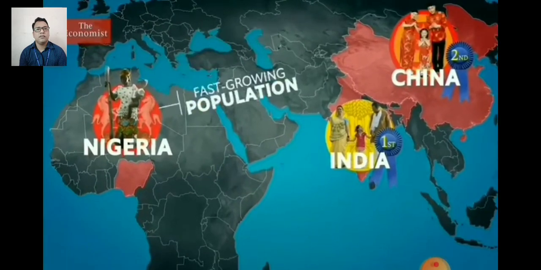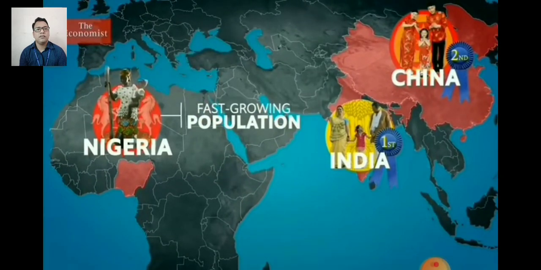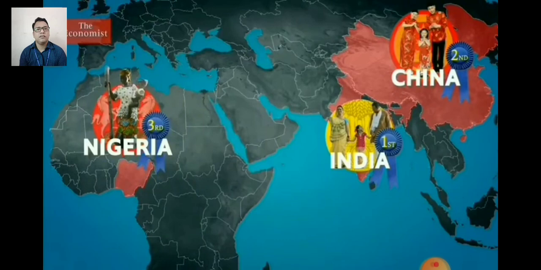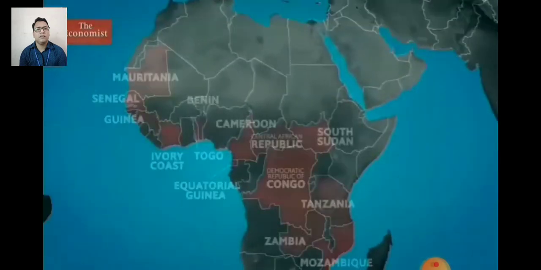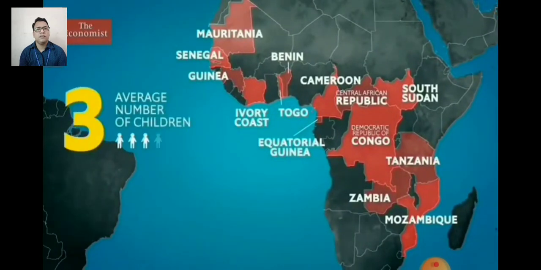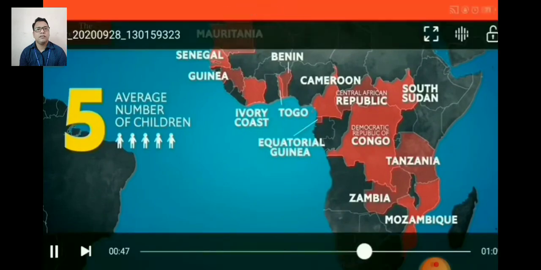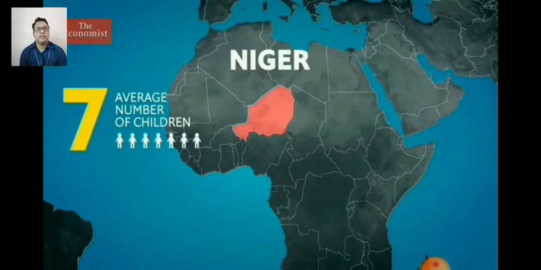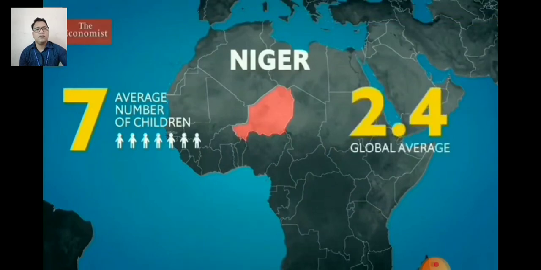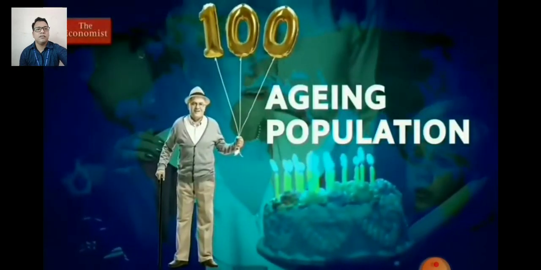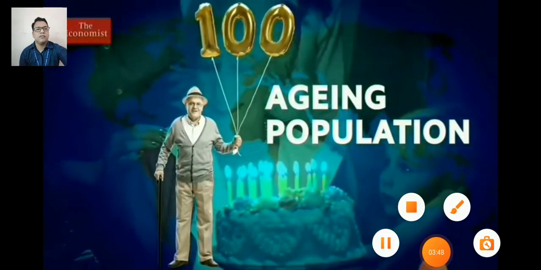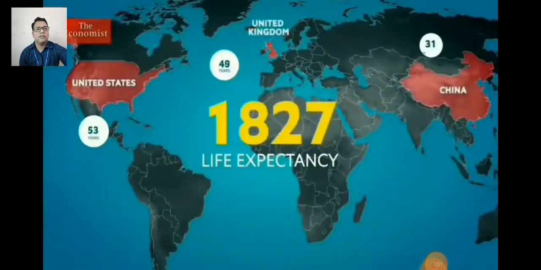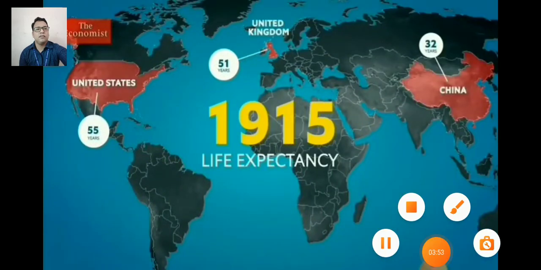Nigeria has one of the fastest growing populations in the world. It's set to become the world's 3rd most populous country. In many African countries, women have on average 5 children each. In Niger, it's 7. That's well above the global average of 2.4 children per woman. Populations are also rising because they're aging. Fewer people are dying than are being born. In the last century, life expectancy has almost doubled in some countries.